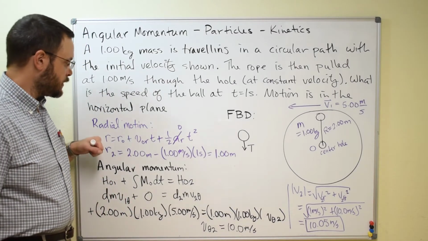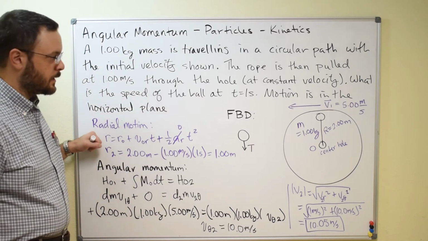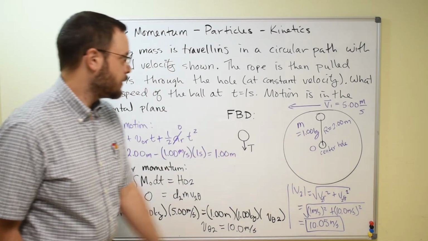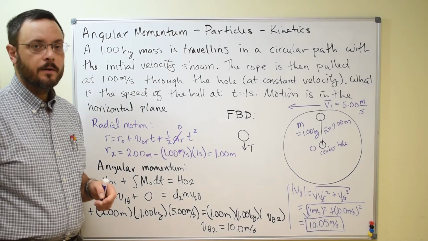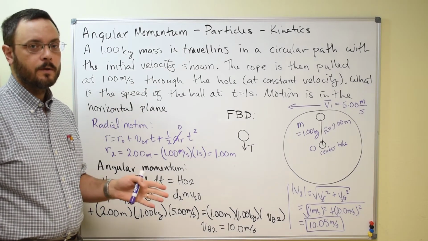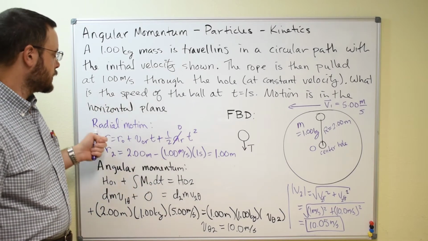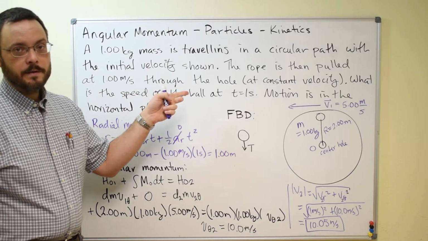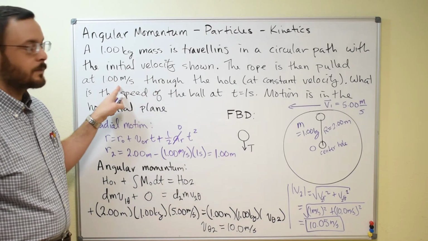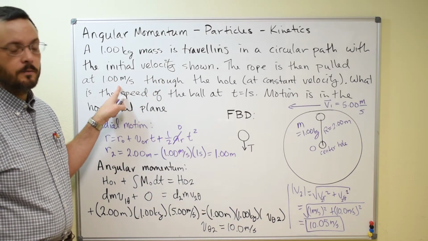And then we'll need to find the new radius of the rope when we're at t is equal to 1 second. So if we think about separating it out into radial and transverse coordinates, we can look just at the radial coordinates. So the radial acceleration would be 0 because the radial velocity is this constant 1 meter per second.